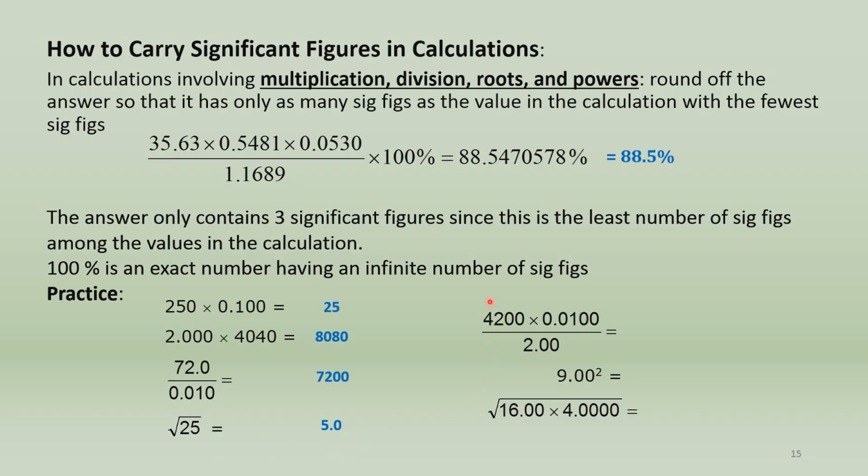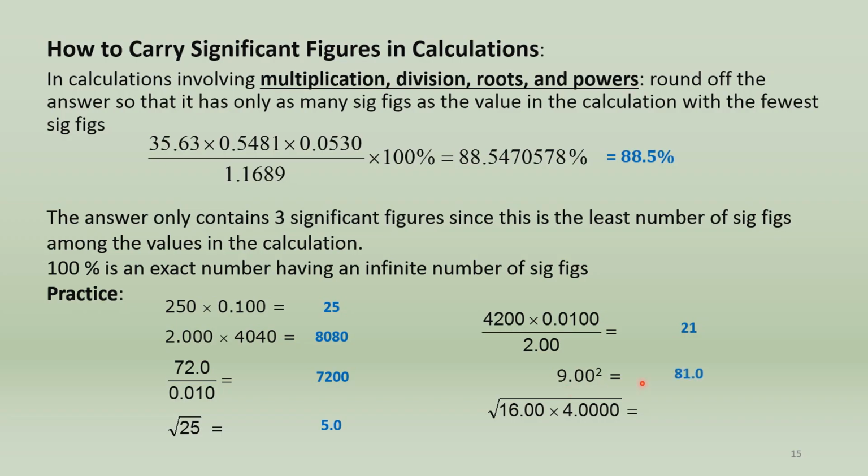4200 has 2 sig figs times 0.01 with 3 sig figs divided by 2 with 3 sig figs. So there'll be 2 sig figs in our answer. 4200 times 0.01 moves the decimal over 2 places. We have 42 divided by 2 is 21, simply 21 with 2 sig figs. 9.00 has 3 sig figs.